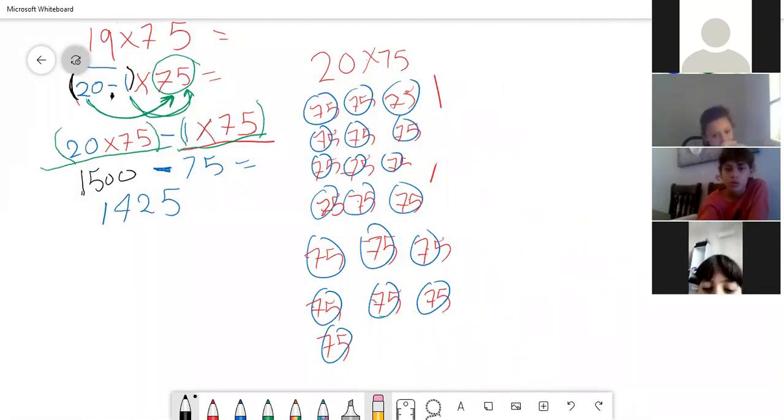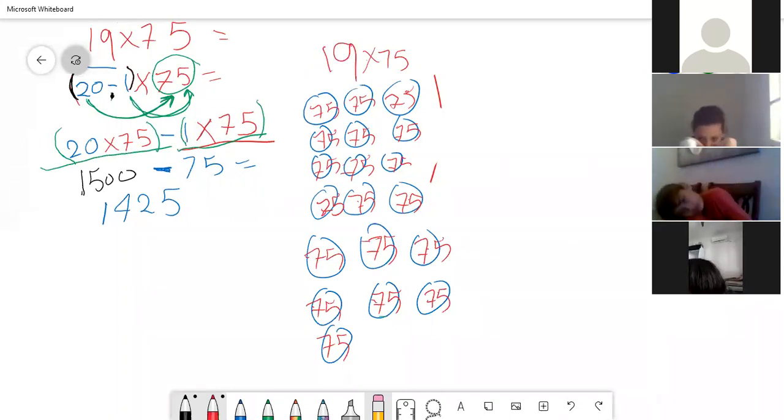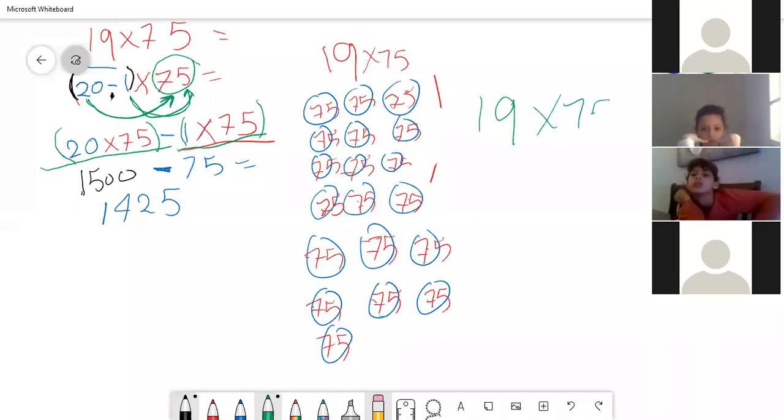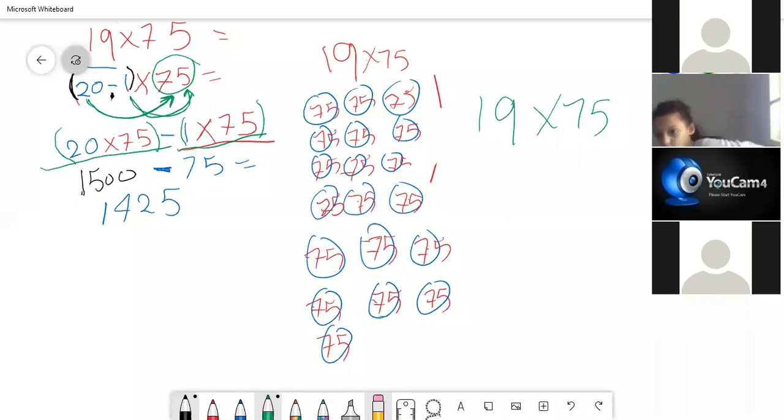Let's say we have 19 groups, okay? So we have here 19 times 75. Is it going to be the same as when you have 20? This is 20 times 75.